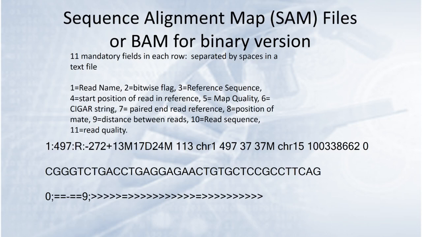Of course, if it didn't, it would also tell you which matched and which didn't. And then it tells you where the other pair of a sequence mapped, and you can see that that's not even on the same chromosome. And then it gives you the sequence, the 37 nucleotides of the read that you mapped, and it tells you about the quality of that read below.